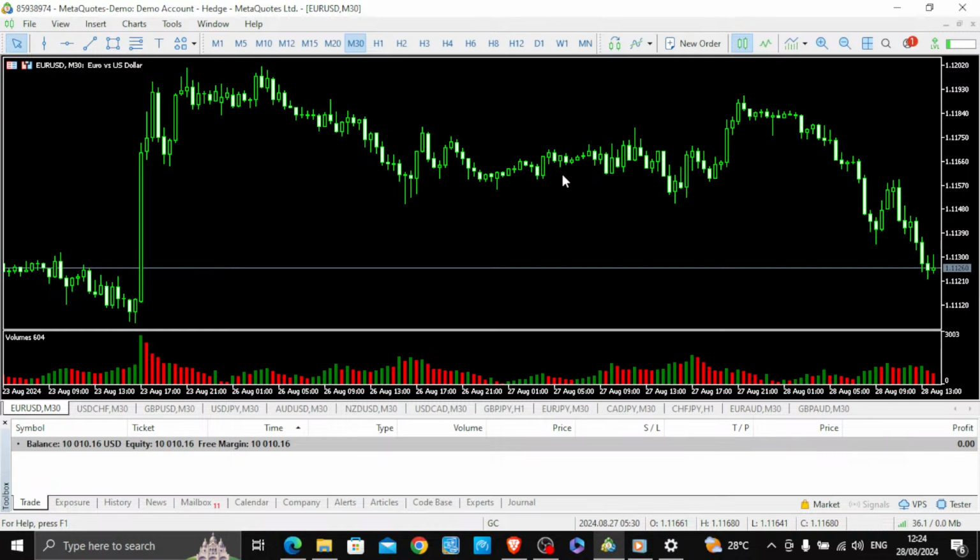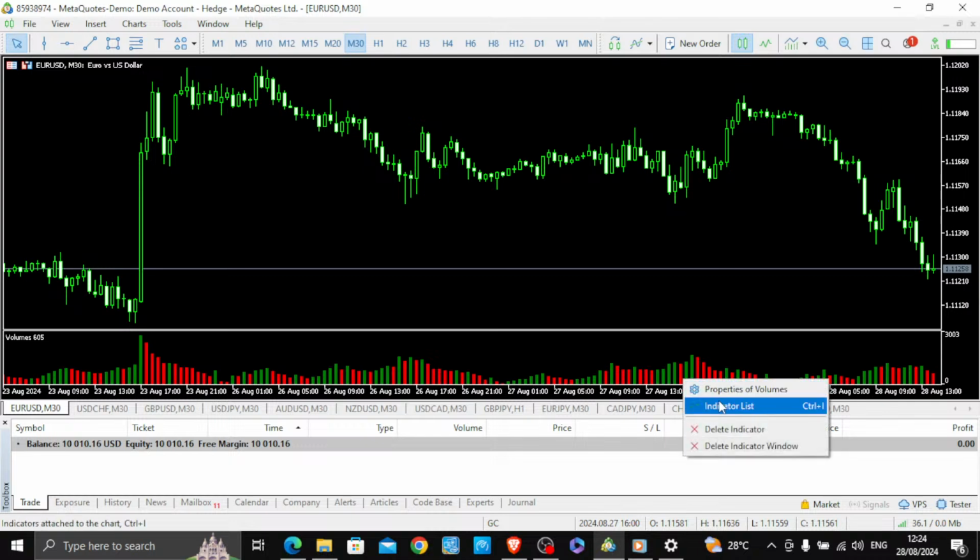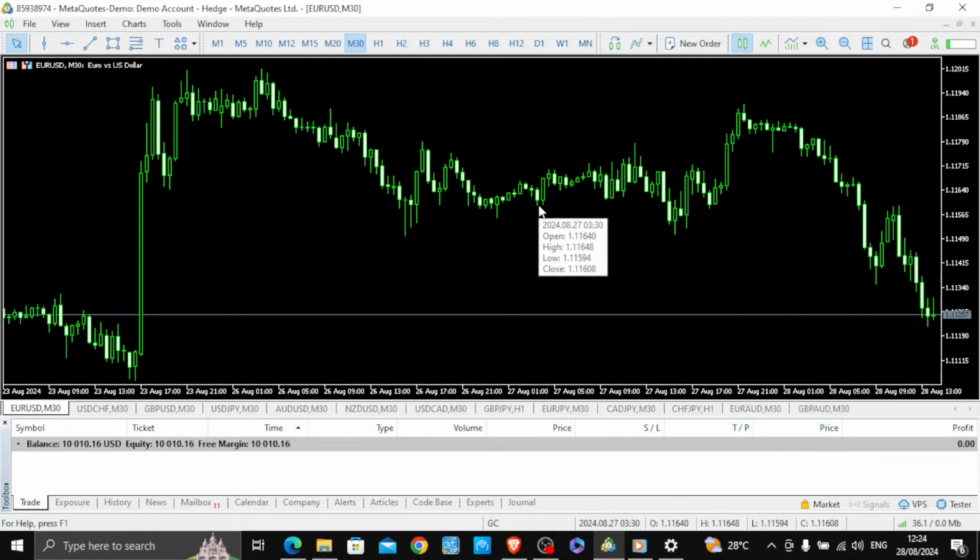As you can see now, what I have here is just my candlestick. The next one I have here is my volume, but that of volume will be the topic of another day. Let me delete it. So what I'm having here now is only candlesticks, nothing like all these multiple indicators.